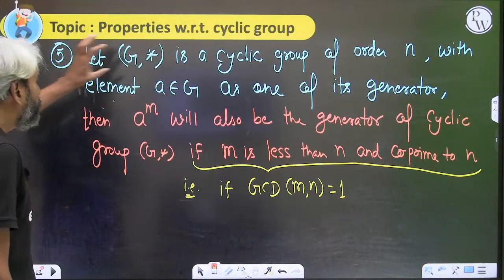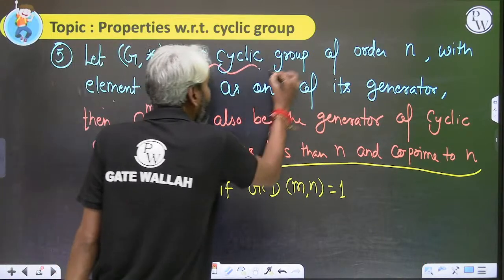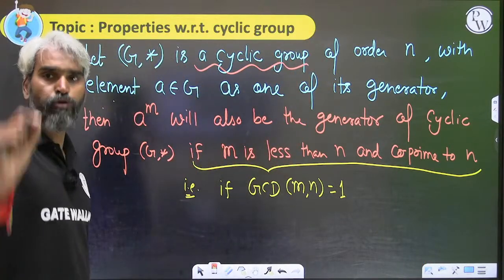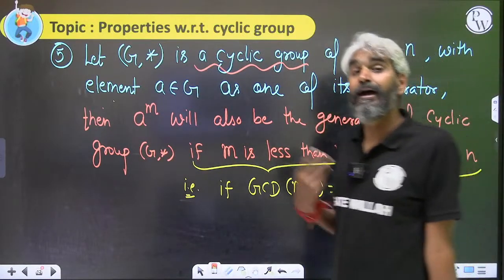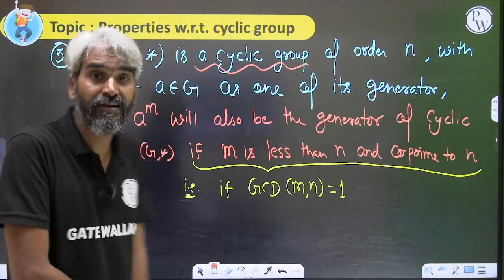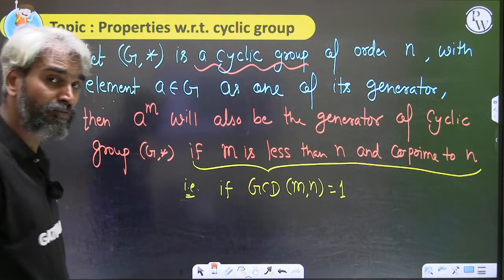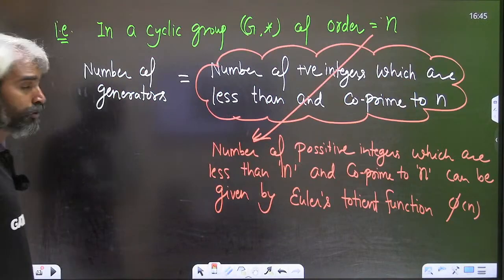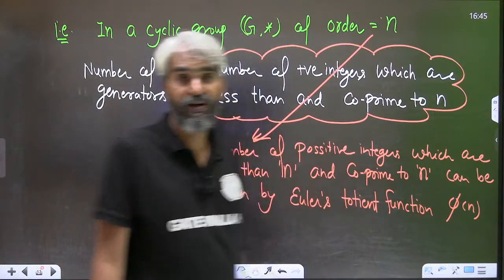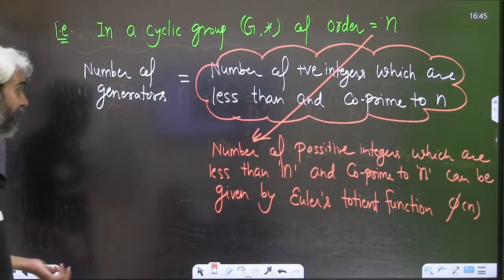focus. If G asterisk is a cyclic group, first of all, you must know that it is a cyclic group. If it is a cyclic group, then how do you calculate the number of generators of that particular cyclic group if the order of that group is n? The number of generators of the cyclic group can be given by the Euler totient function phi n. How do we calculate phi n?